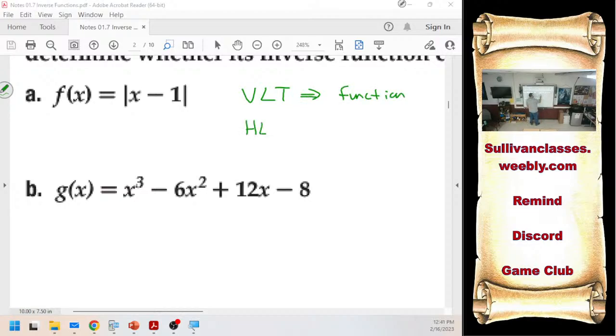A horizontal line test is inverse function exists. Vertical line test is this thing I'm looking at right now a function. Horizontal line test, will the inverse be a function?